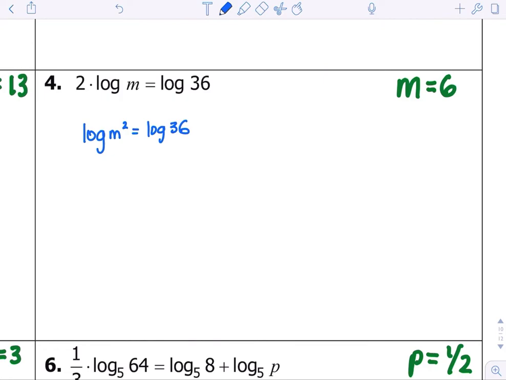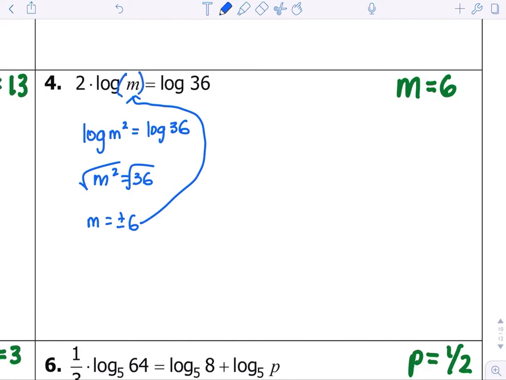So just set the arguments equal to each other. Square root both sides, m is going to equal plus or minus 6. Now, if you plug in positive 6 into this log, that is good. But if you plug in negative 6, that's not good, because you cannot have a negative number or a 0 in there. So your only answer is going to be m is equal to 6.